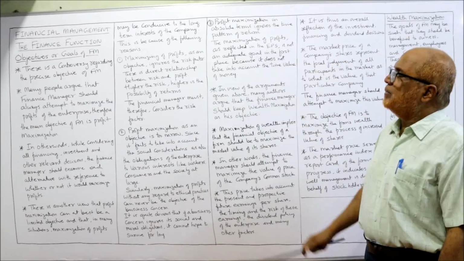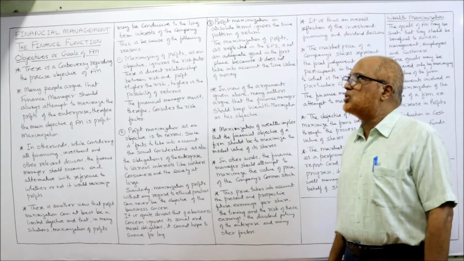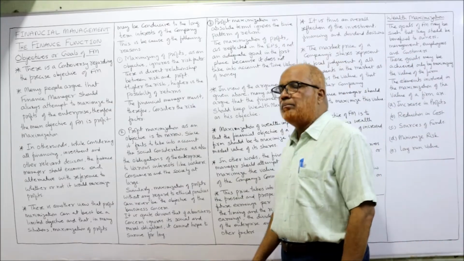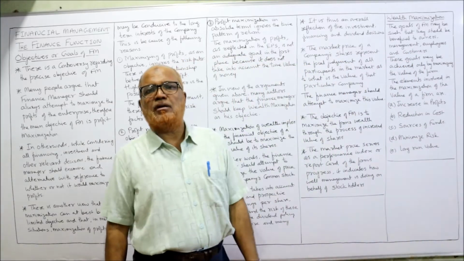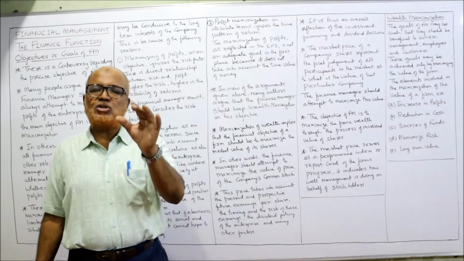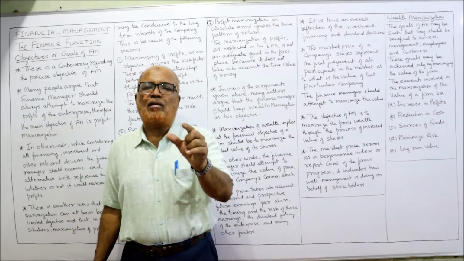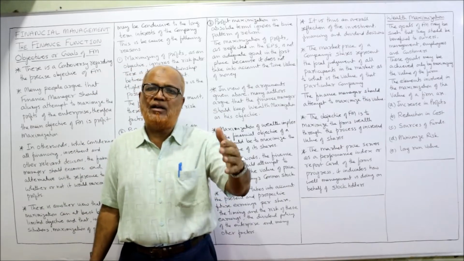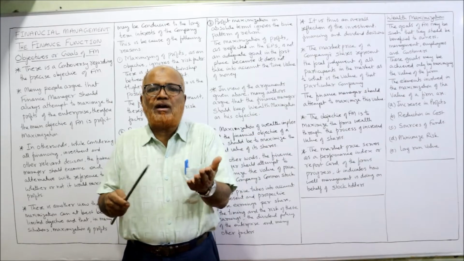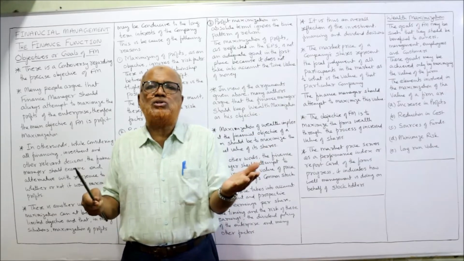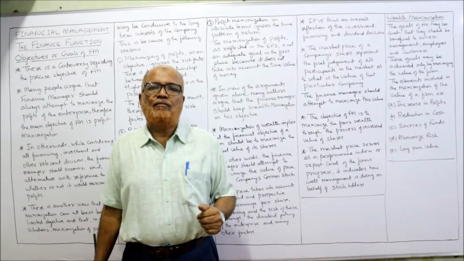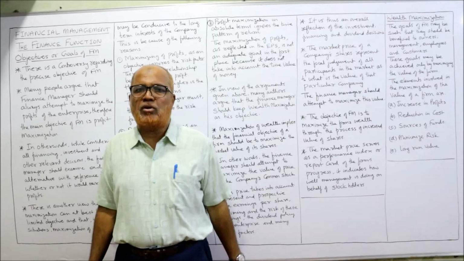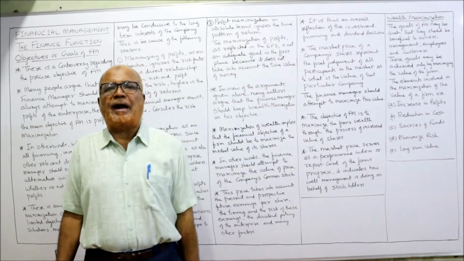Now, profit maximization in absolute terms ignores the time pattern of returns. See here, if we keep profit maximization as an objective, we simply calculate what is the earning per share, 1 year, 2 year, 3 year. Simply we are comparing the earnings, EPS of the company to see whether the business is attaining the objective or not, ignoring the time pattern.